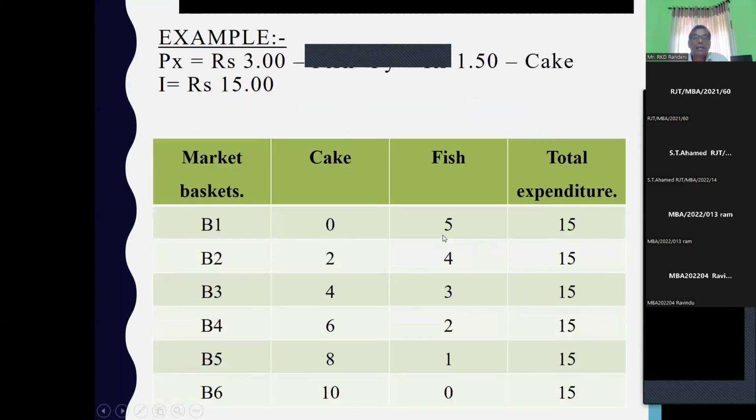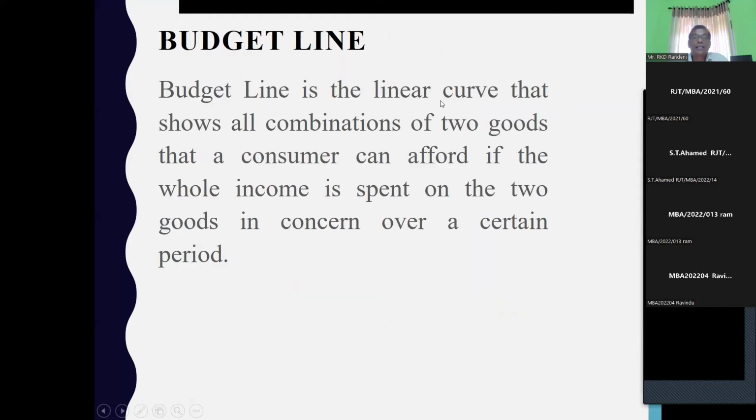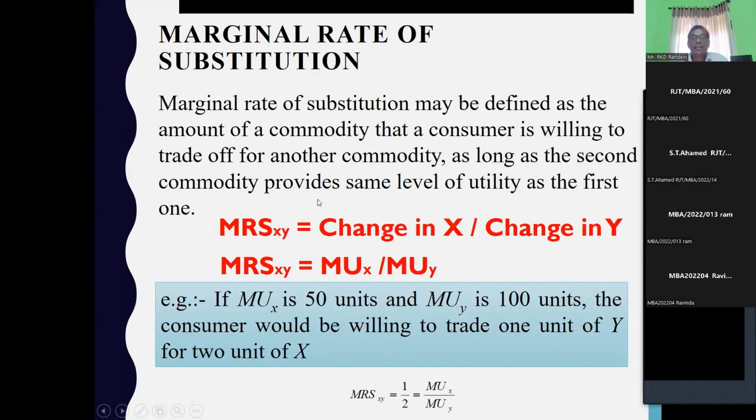Now the budget constraint: the budget line is the linear curve that shows all combinations of two goods that the consumer can afford if the whole income is spent on the two goods in concern over a certain period.